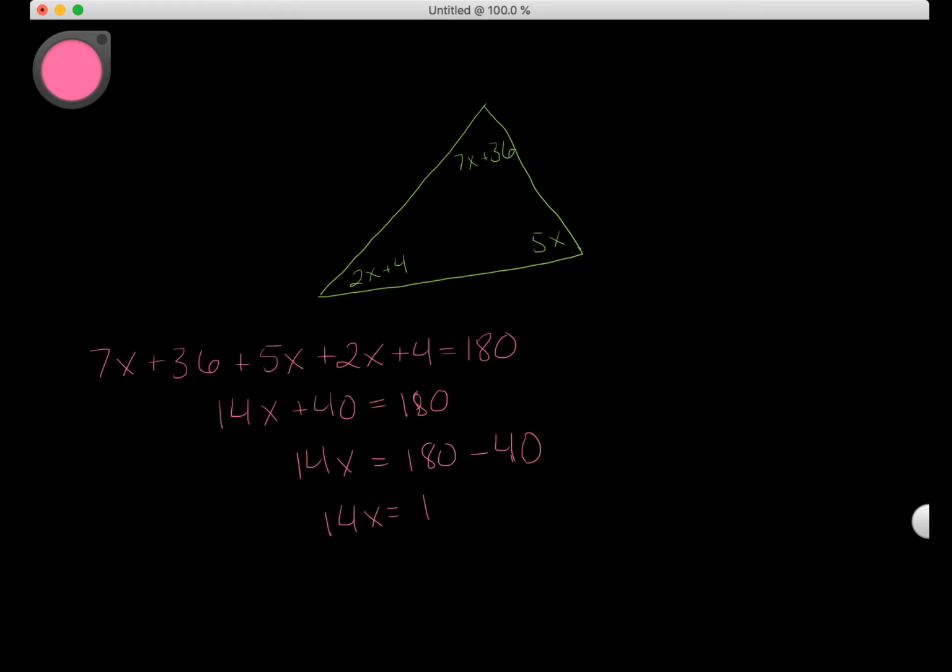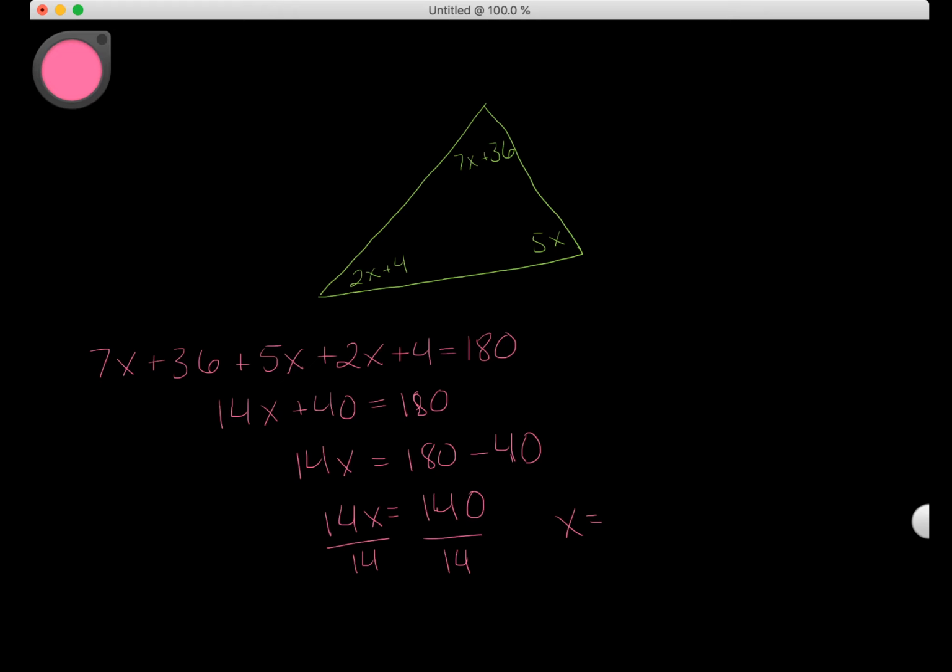How do I get x by itself? Divide both sides by 14. So we're going to end up with x equals 140 divided by 14, 10 degrees. Okay, so our x equals 10 degrees.